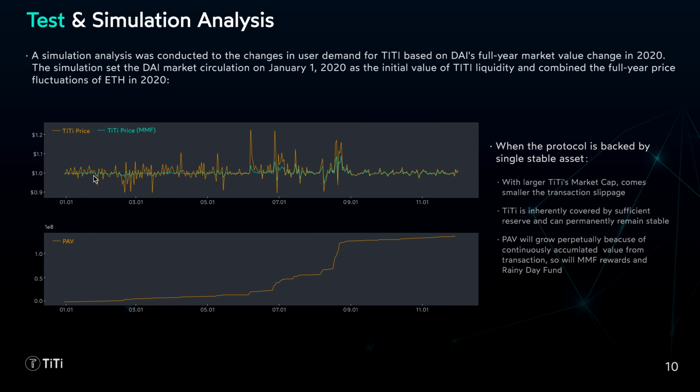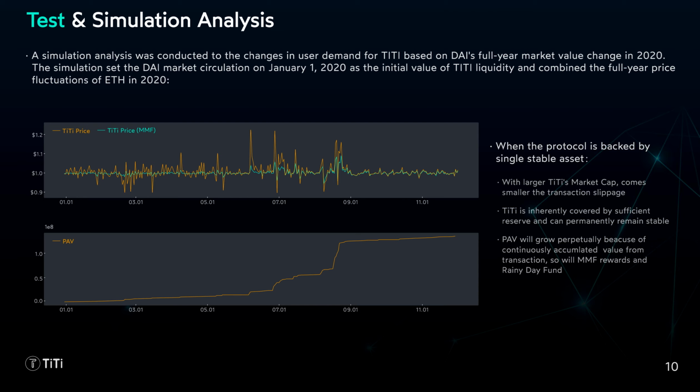The orange curve stands for TiTi price fluctuation without MMF, and the green curve stands for TiTi price fluctuation with MMF. And in the second chart, the curve stands for the amount of PAV for a whole year. It's around 12 million. The result shows that with the issuance of TiTi, the slippage of user transactions in the TiTi primary market is reducing.